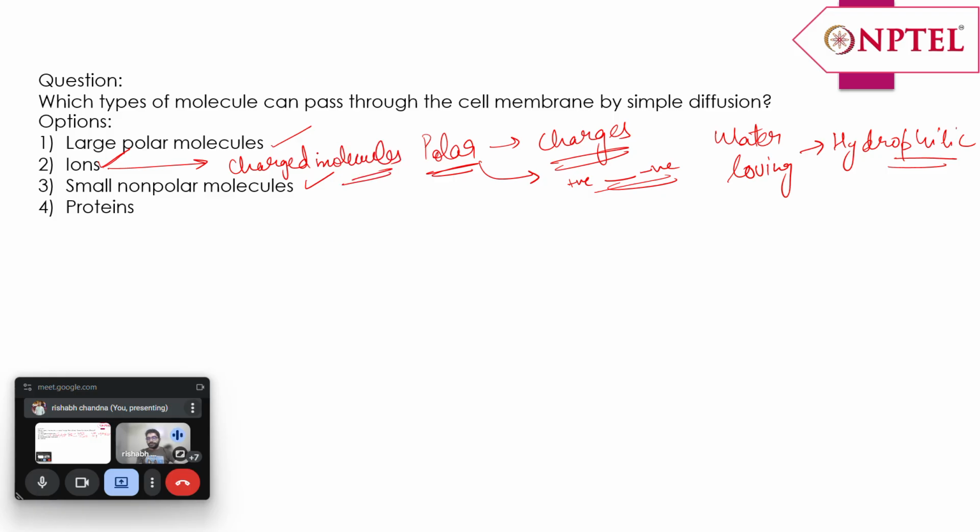Okay, so if we have a plasma membrane like this, this is the head and these are the hydrophobic tails. If we have a large polar molecule that has charges displayed, will it be able to pass through this membrane?